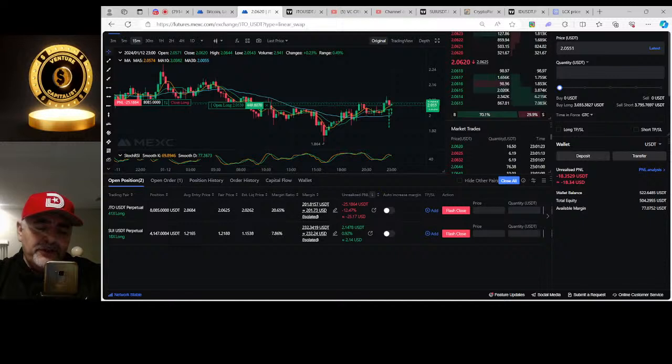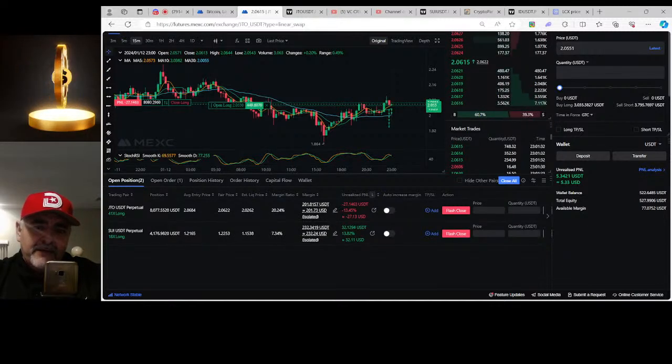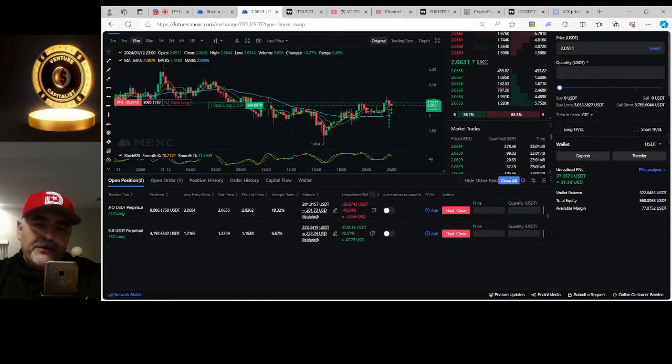So guys, if you're going to trade on MEXC, it's very important you understand you need a VPN for MEXC. The other thing you have to understand is when you sign up to MEXC, you have to sign up with an email. Do not use your cell phone. Your cell phone is connected to the United States. You need a VPN.